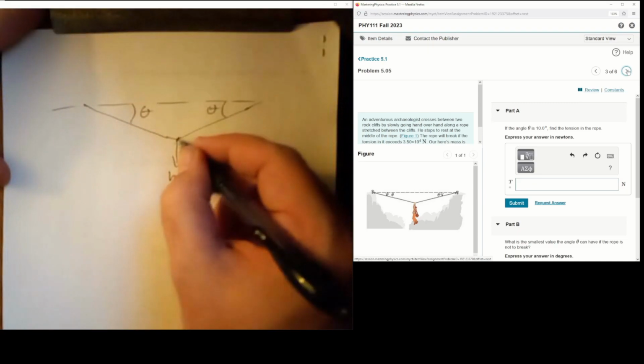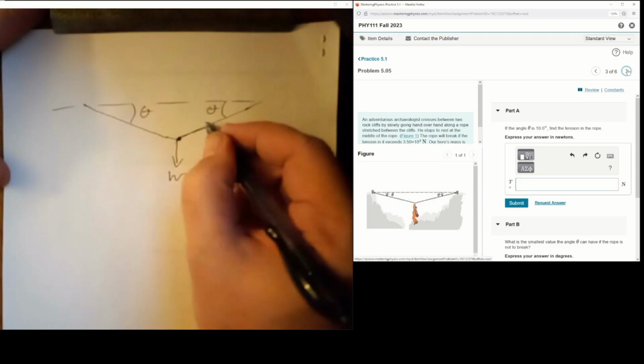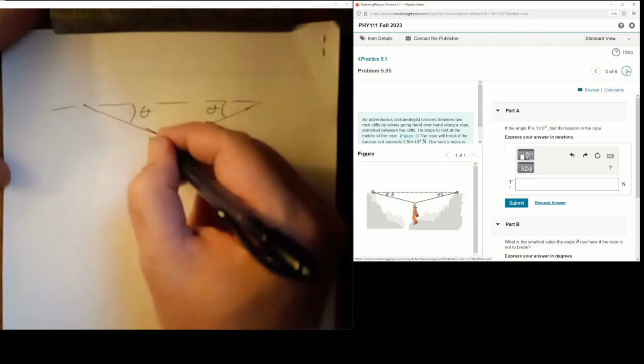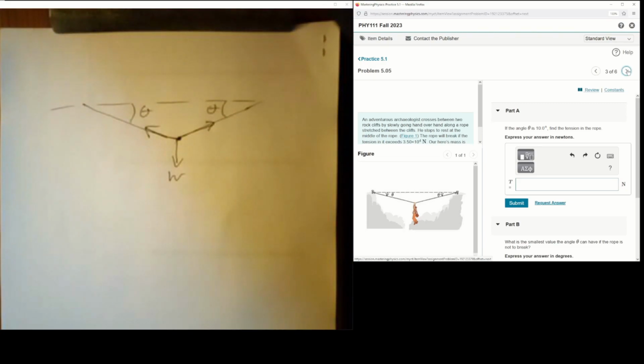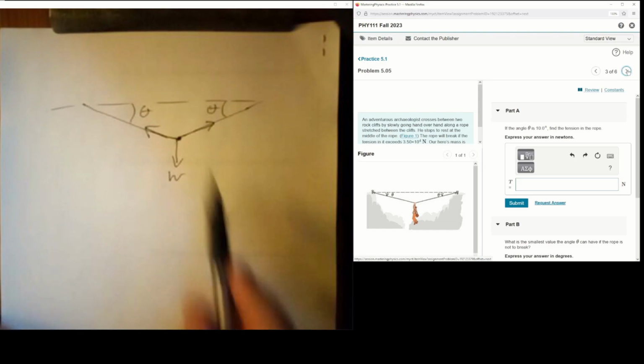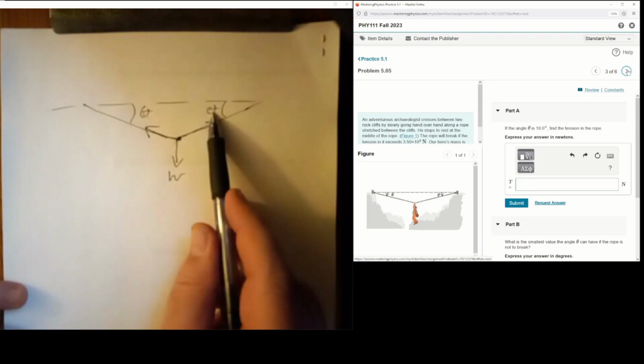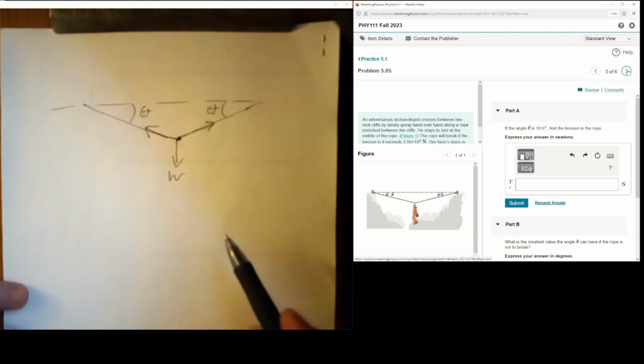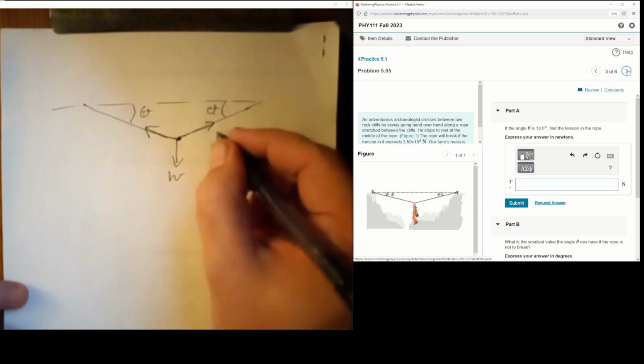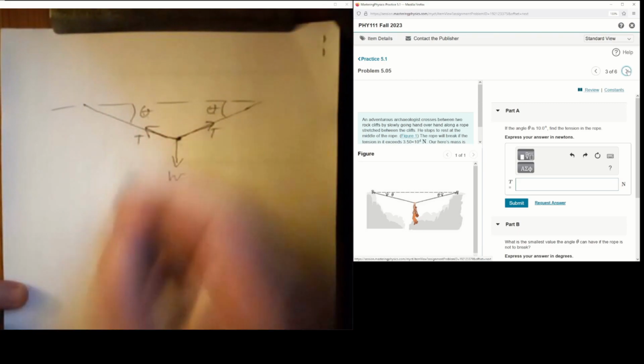And here's, in a sense, our free body diagram. Tension going this way, tension going this way. These angles being the same means he is exactly in the middle, so these tensions would have to be the same.